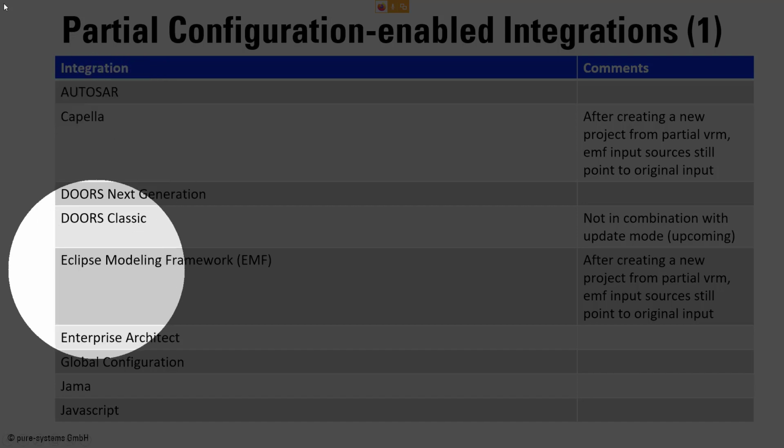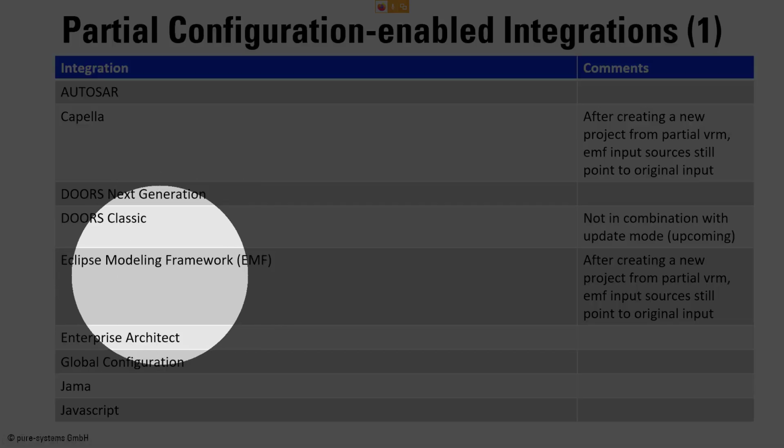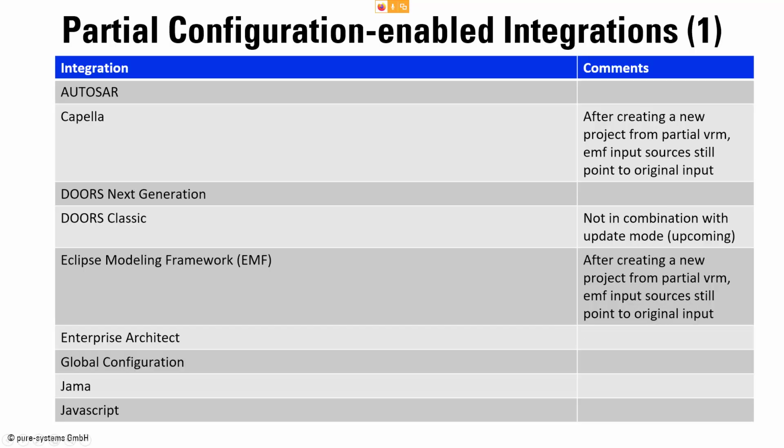For Capella and also for other Eclipse Modeling Framework-based tools, we currently allow the partial configuration, but to be honest, we currently recommend not to make use of it, as there is still some work left. The EMF integrations need a mapping family model as an input, and currently for the next step, for the 120%, such a model is not generated.